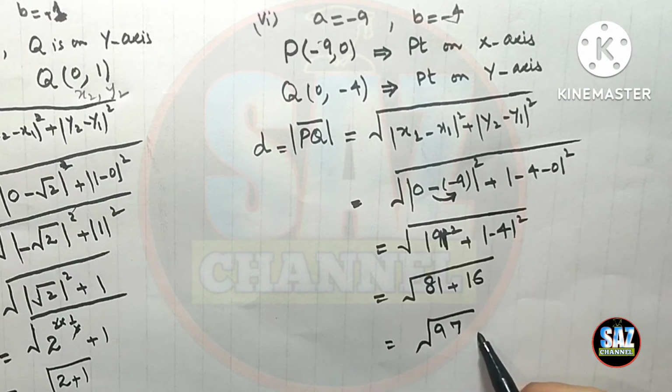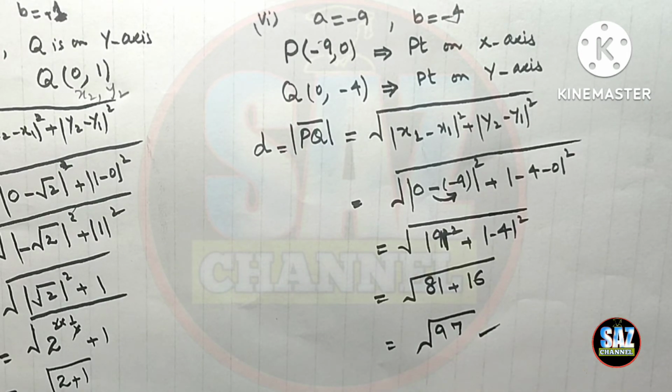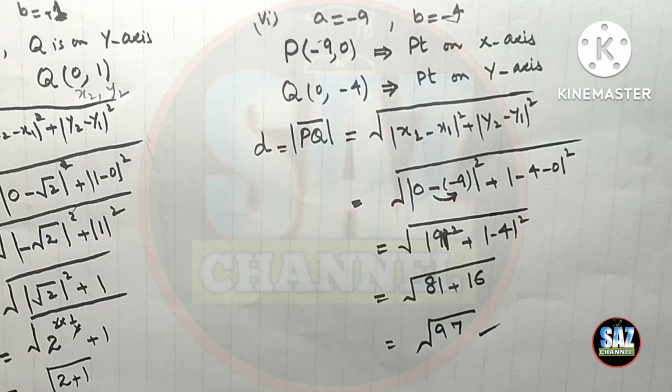I hope students you are clear how to find the distance between 2 points, and how to find the distance between points which are either on x-axis or y-axis. In today's class we have learned 2 important things.